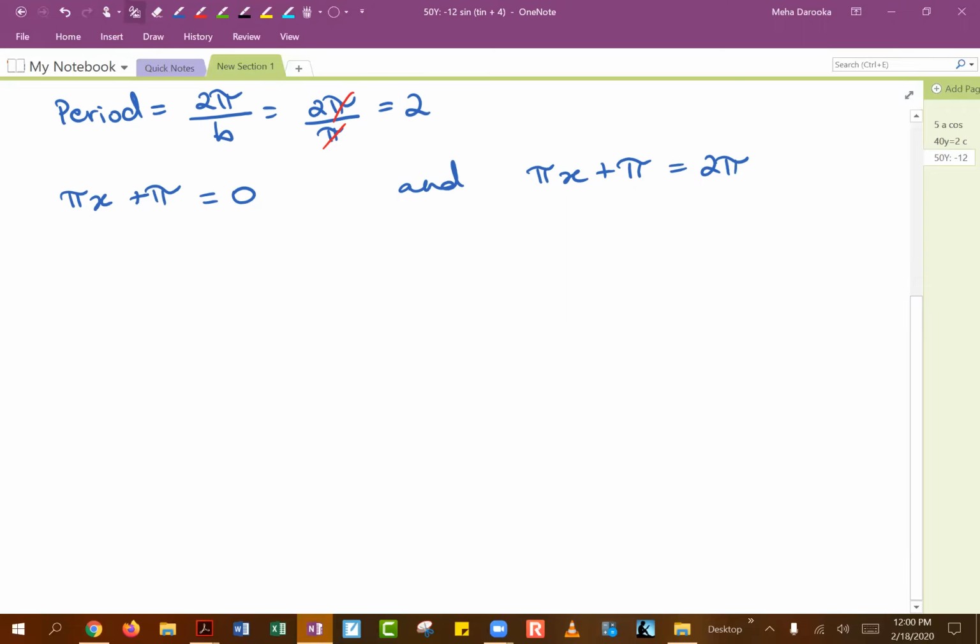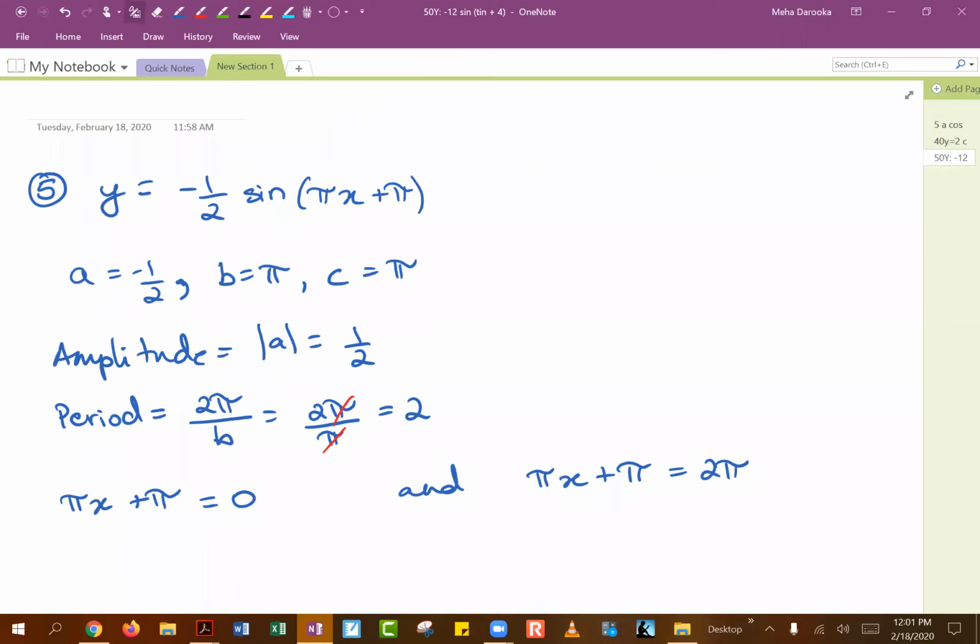Is it pi x plus pi equals the 0? Yeah, so it's whatever you have in that parentheses after your function sine or cosine. So yeah, whatever you have in here is what you're setting equal to 0 and equal to 2 pi. In this case, your c is actually a negative value.